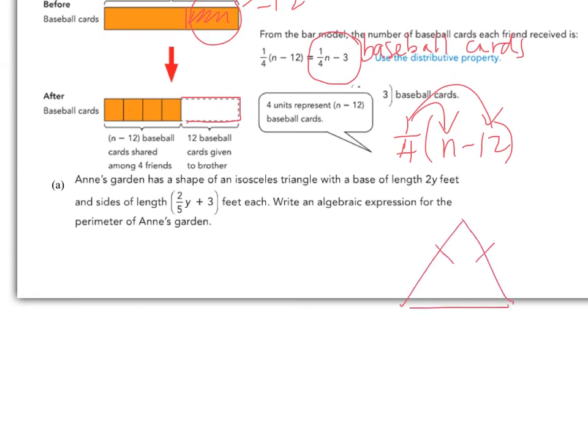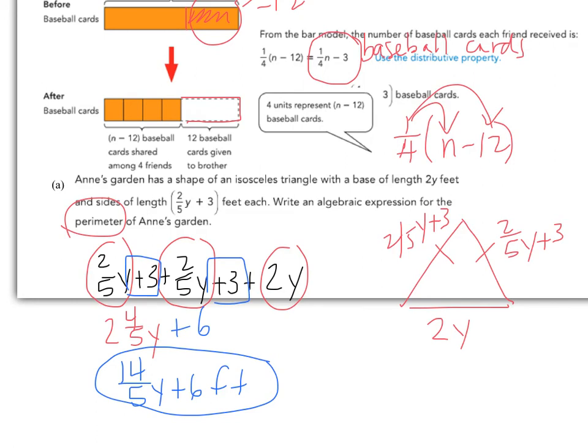That means 2 sides are exactly the same. The base is 2y feet, and the other sides are 2/5 y plus 3. So draw your picture. Write an algebraic expression for the perimeter. Remember, perimeter means add up all the sides. So I'm going to stop it there, and I'll turn it back on in a minute after you have a chance to try it.